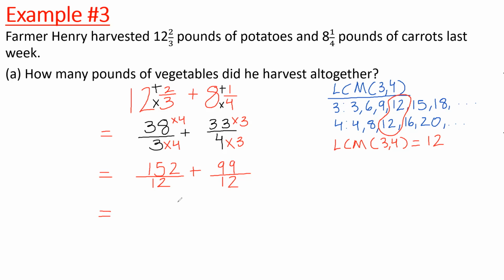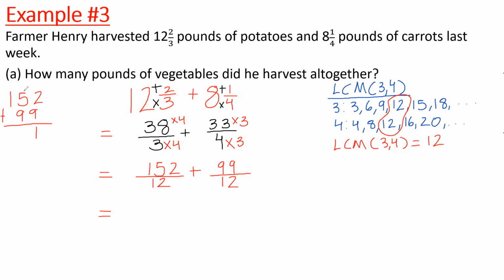We can add fractions by adding the numerators and keeping the denominator the same. So we have to do 152 plus 99. Let's add them. 9 plus 2 is 11.